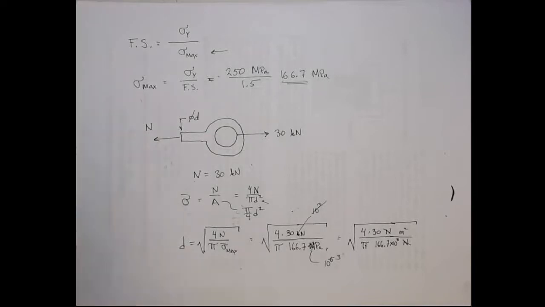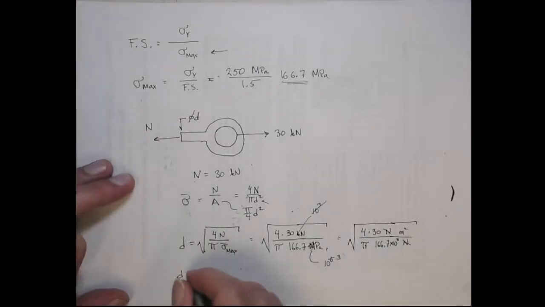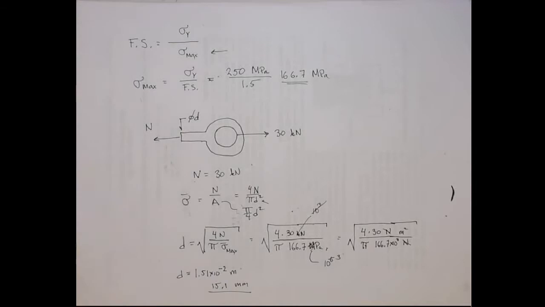That gives me d equals 1.51 times 10 to the minus second meters, and that would be 15.1 millimeters. Okay, so that's the answer. 15.1 millimeters should be the diameter.